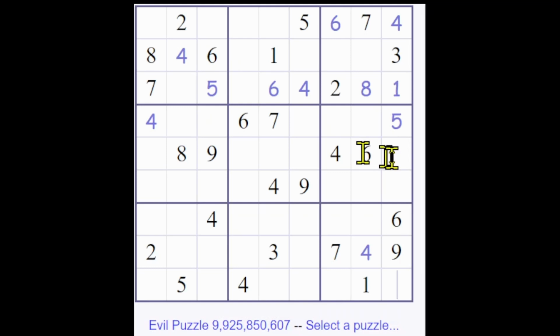And as I just finished my thought about the 7s that will have to go here, I'm looking at this 7 here, and I'm looking at this 7 here, and they force a 7 in one of these two cells. So clearly a 7 can't go in this cell, therefore it must go here. This is now a 2 or an 8, and this is a 2 or an 8.